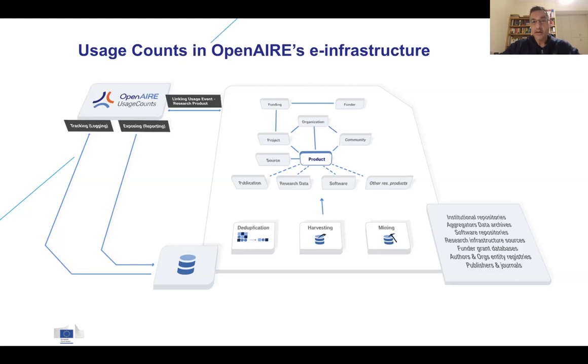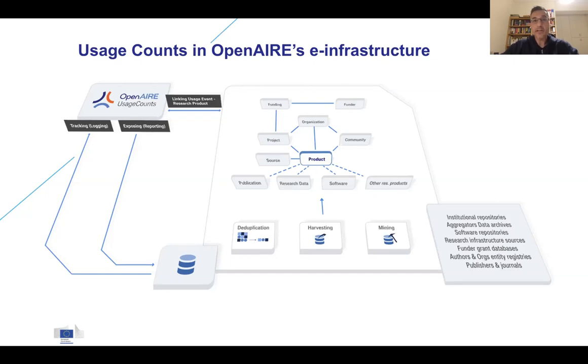A number of OpenAIRE services, like deduplication, harvesting, or mining, are applied, and this results in a product of the graph, which can be a publication, research data, software, or a project.